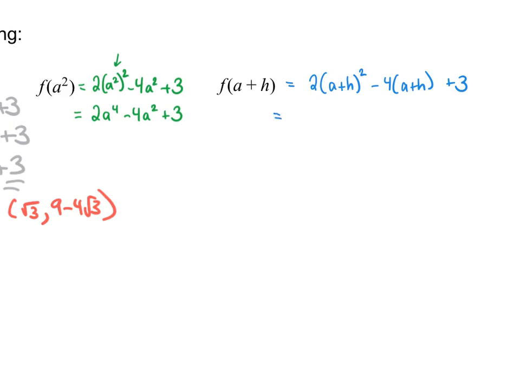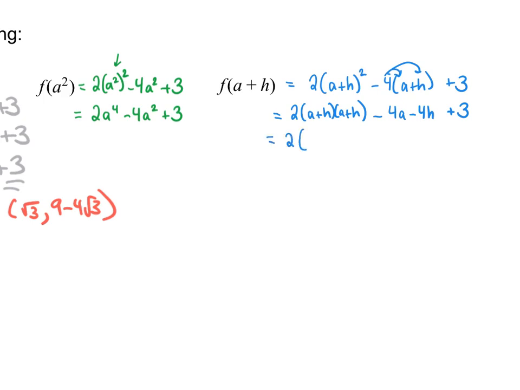So what I'll do first is I'll square this, and squaring a plus h is not quite as simple as squaring each one. When you square a binomial, remember we will write it twice. So it will be 2 times (a plus h)(a plus h). And so I have to FOIL that one in my next step. Here I can distribute the negative 4, so minus 4a minus 4h plus 3.